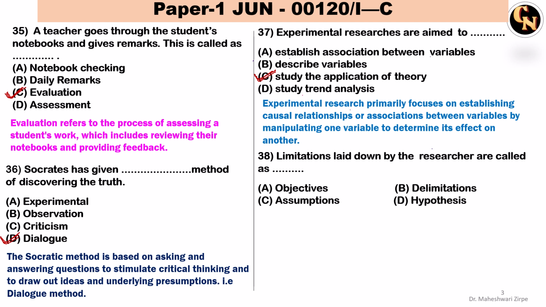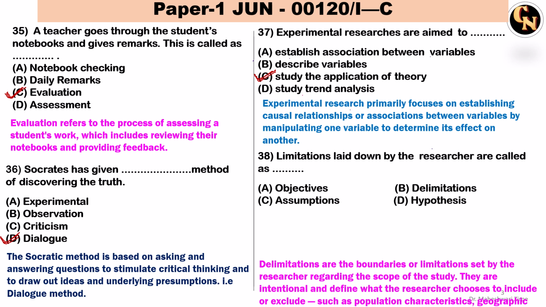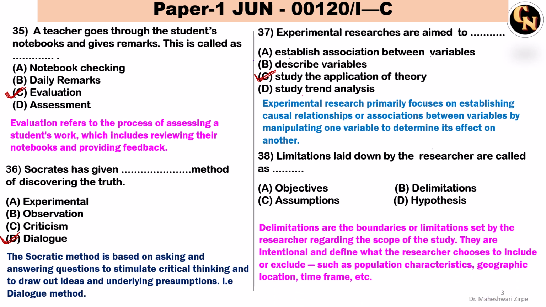Next question is, limitations laid down by the researchers are called dash. We know that these are known as delimitations. Delimitations are the limitations laid down by the researcher.